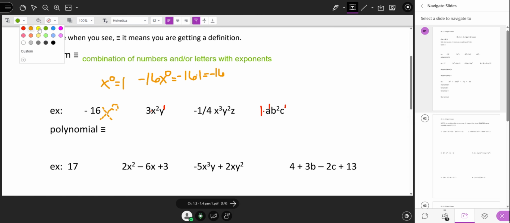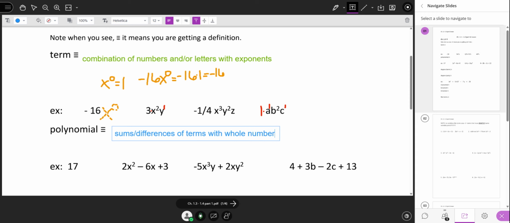Now, a polynomial is the sum, difference, and I should say sums and differences of terms with whole number, and probably shouldn't say whole number.